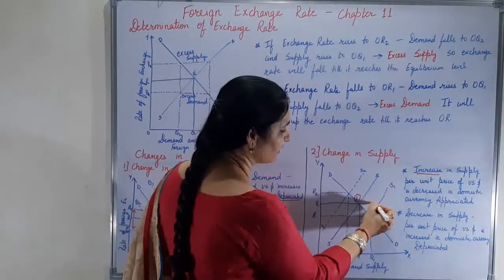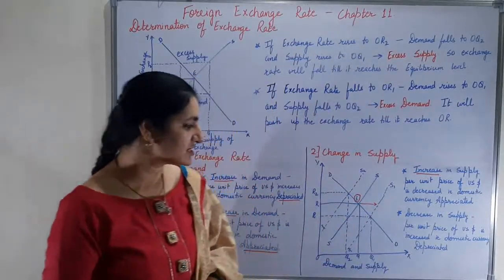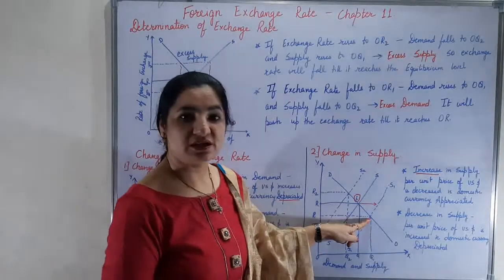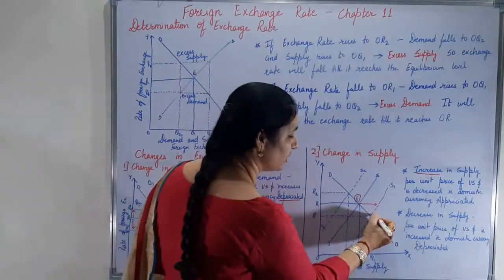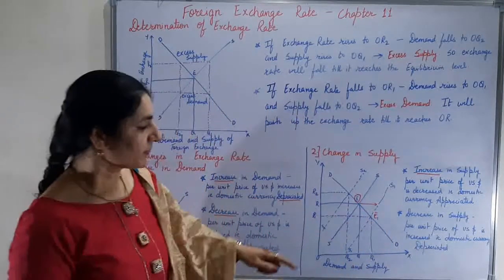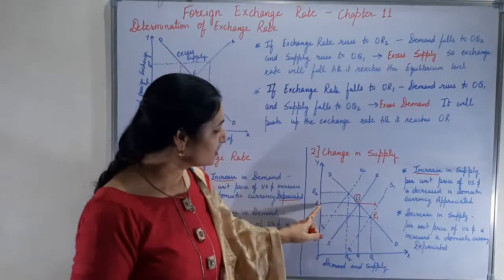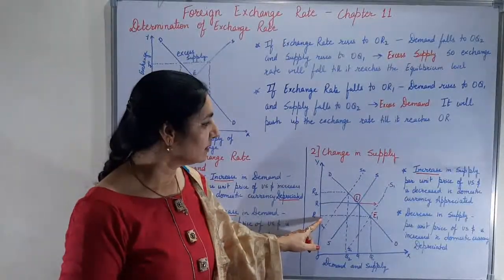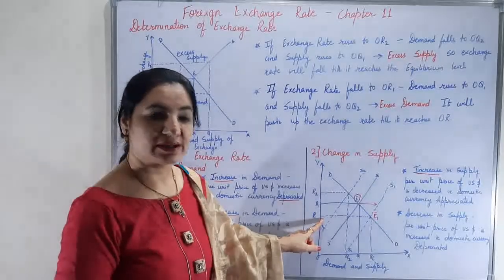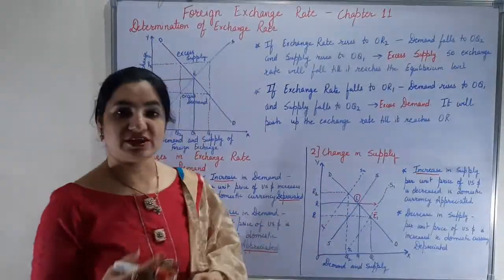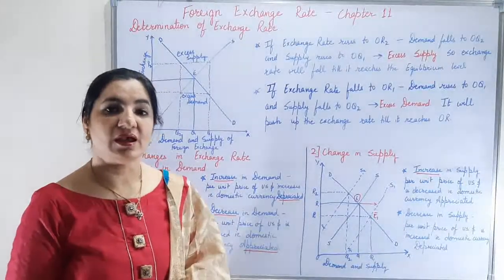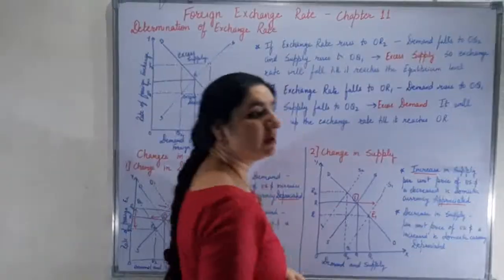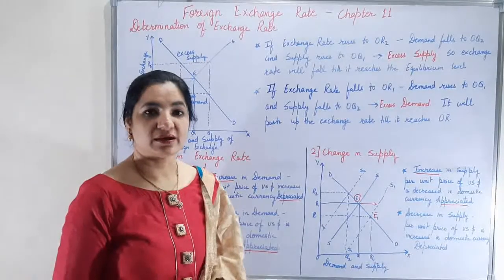So this is the increased supply curve, S1. S1 intersects the demand curve at this new point, which we can call E1, and the exchange rate falls to R1, because the per unit price of the US dollar is decreased, and this shows that the domestic currency is appreciated. An increase in supply will appreciate the domestic currency.